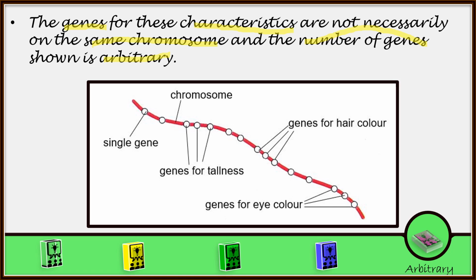So this is just an illustration chromosome, and it is not necessarily that the same chromosome contains the genes for tallness, hair color or eye color. It is just arbitrary, just for us for illustration to understand what we are talking about.